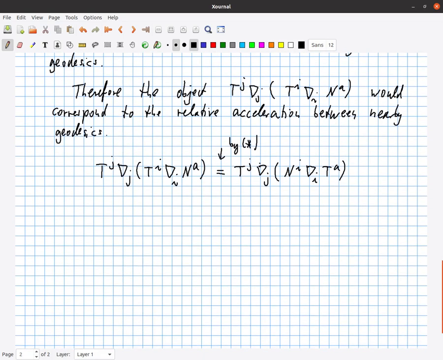Next, the covariant derivative acts on two terms. Therefore, we can apply the product rule.